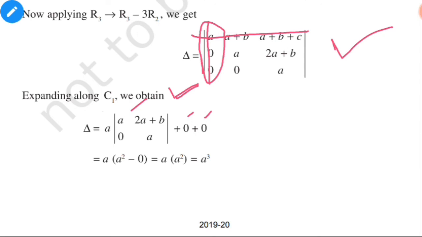That's equal to a into, by cross multiplication and then subtraction, a into a is a square minus 0 into 2a plus b, which is 0. So a into a square minus 0 equals a into a square, which equals a cube. So the value of the given determinant is a cube.